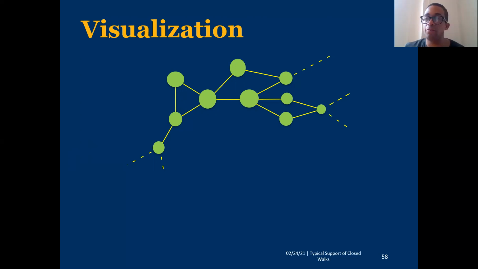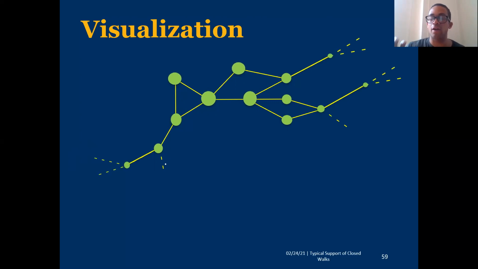What we claim is that if the sum of the values on all of these boundary vertices is not that small, then we can shrink the size of every vertex in our set, and take whatever is left over and add it to vertices that are outside of the set to create a new normalized vector. And the claim is that the amount that this increases the spectral radius is bounded by the size of the entries of these boundary vertices.